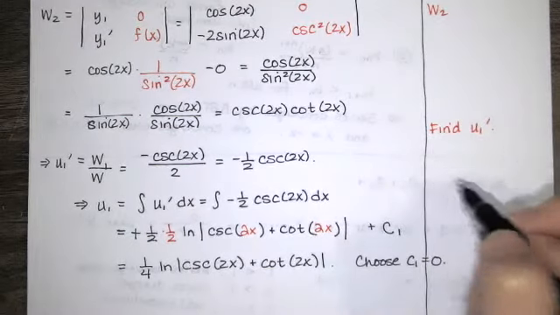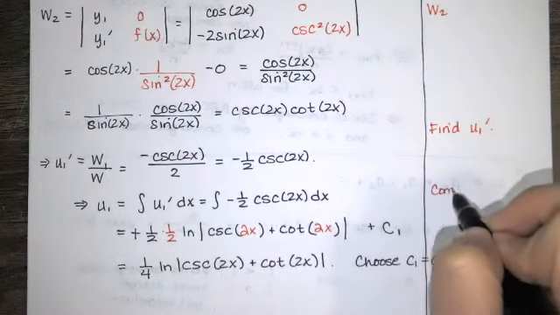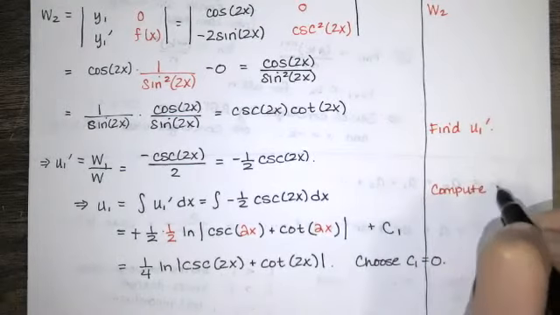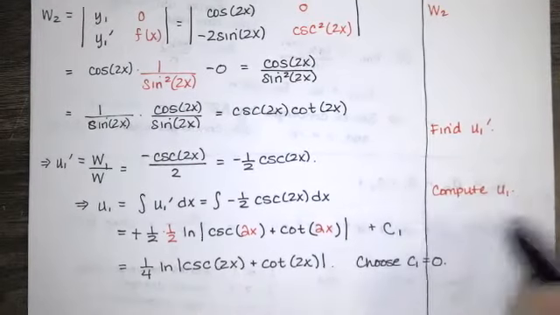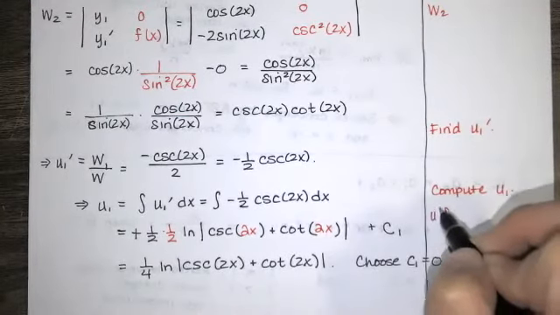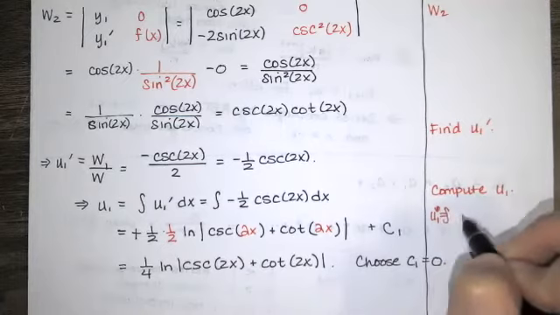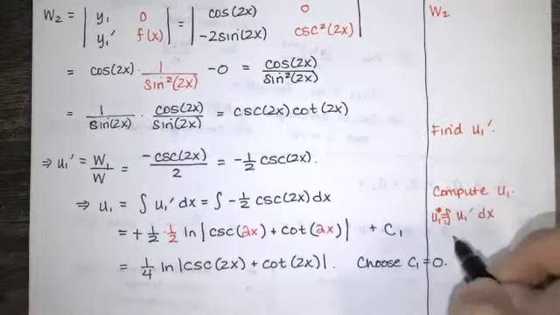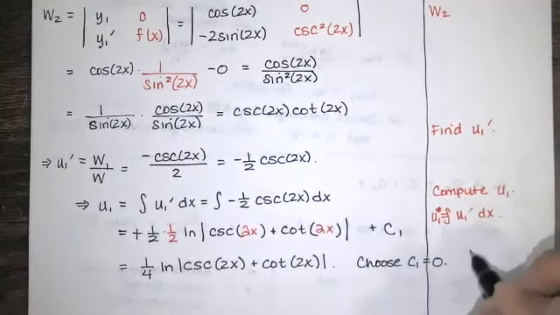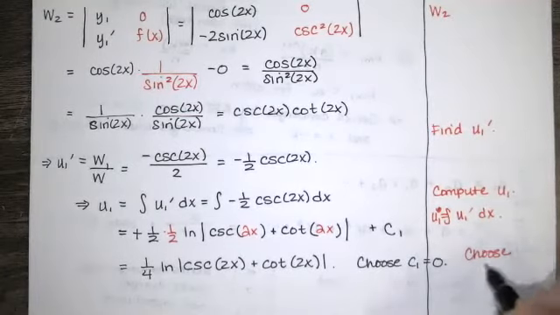So we found u1 prime, and then we use u1 prime to compute u1. u1 is the antiderivative of u1 prime. We choose the constant of integration to be 0.